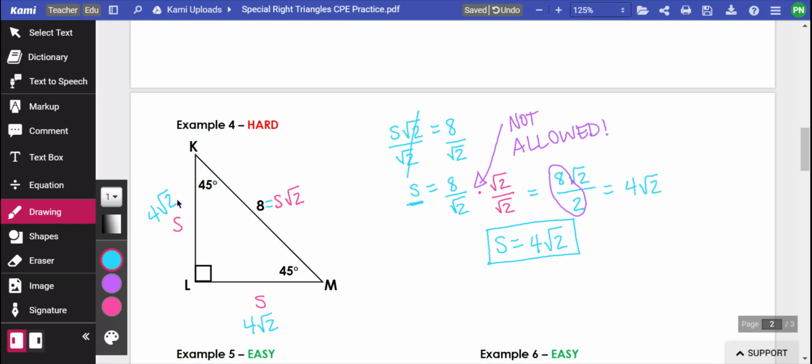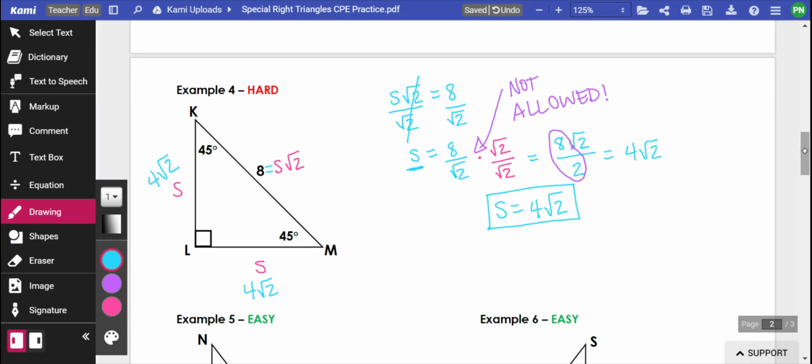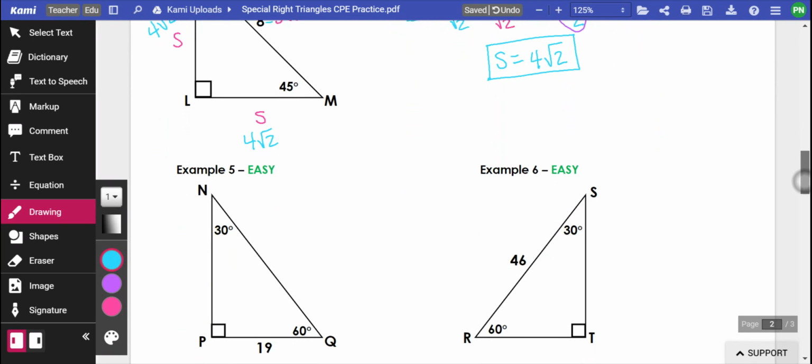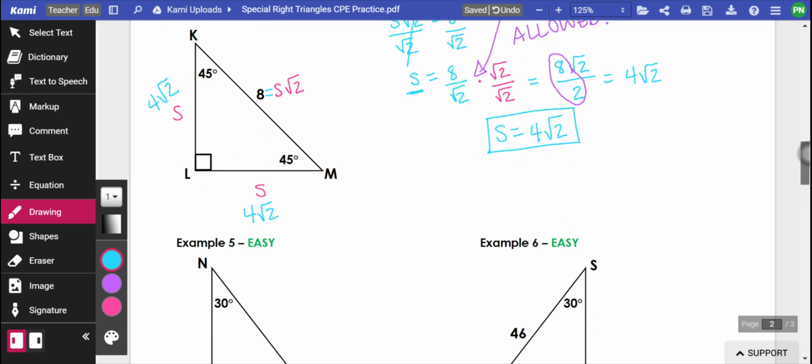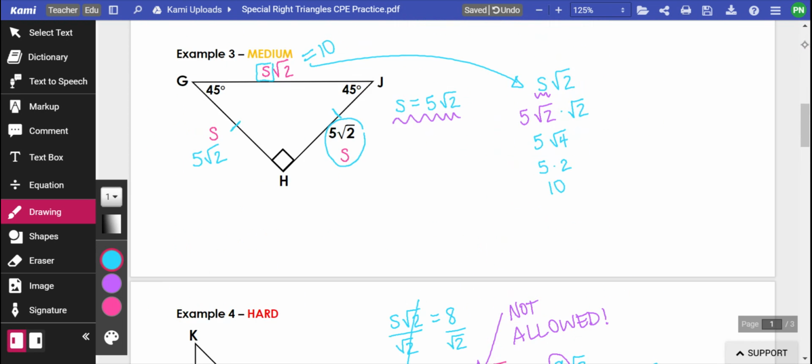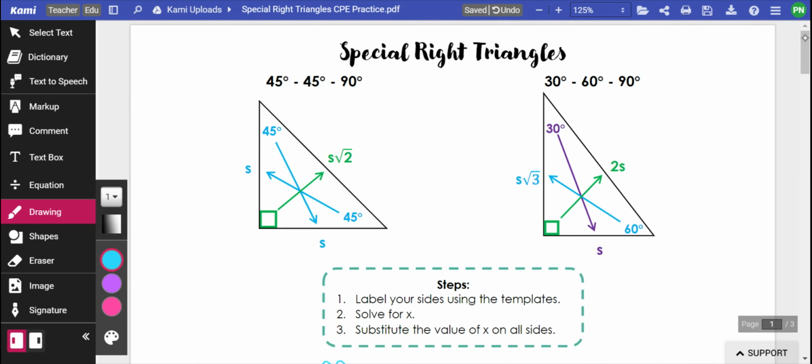Okay? So now moving on to 30, 60, 90 triangles. We've got, again, two easy ones to start off. Actually, let's go back to the template. Across from the 30 degrees, the shortest side is s. Across from the 90 degrees is double that.